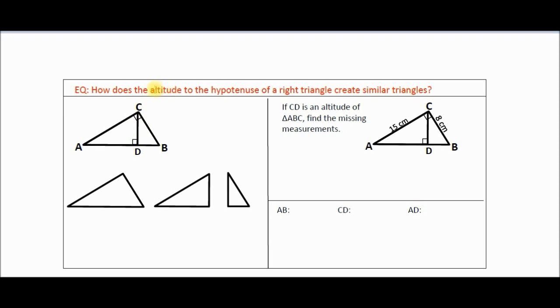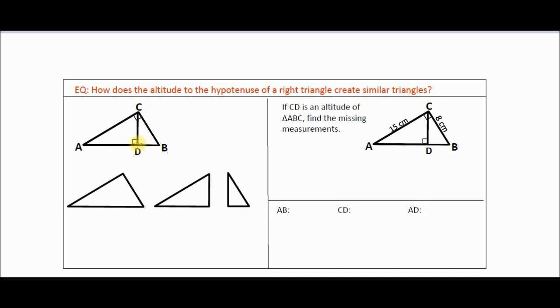When it says altitude to the hypotenuse, it means that the altitude is touching the hypotenuse, which in this case is AB. If you look at this as one big triangle, ABC, the hypotenuse is AB, the altitude is drawn from the hypotenuse to point C, and an altitude also, class, has to be drawn at a right angle to the side that it touches.